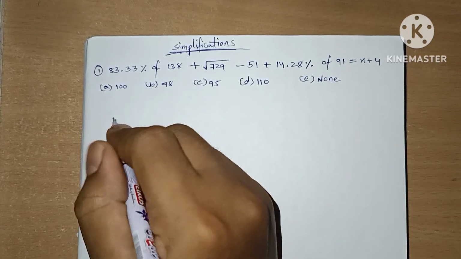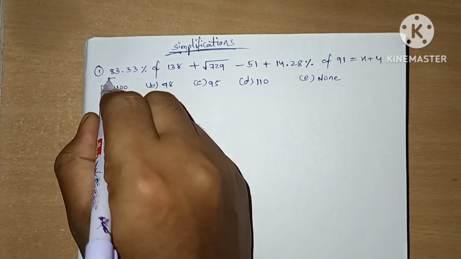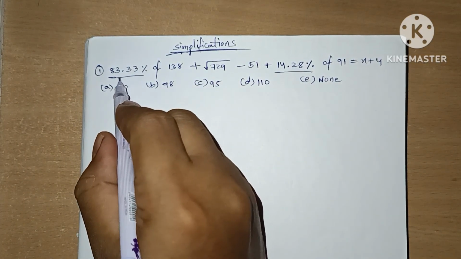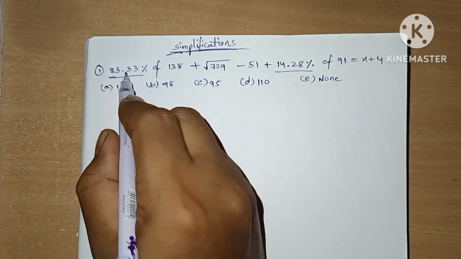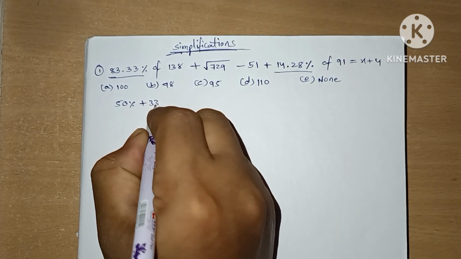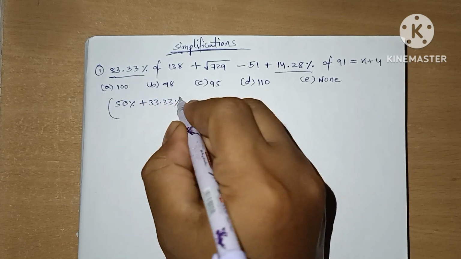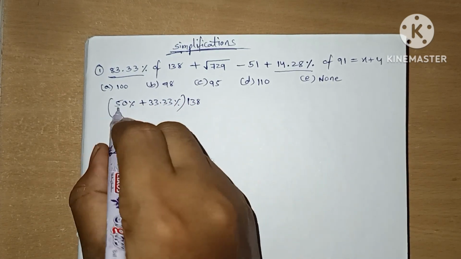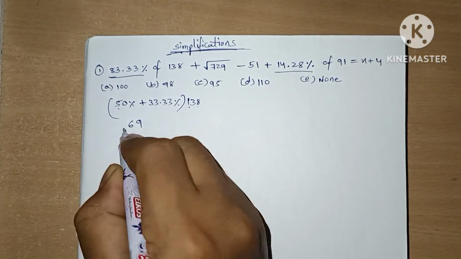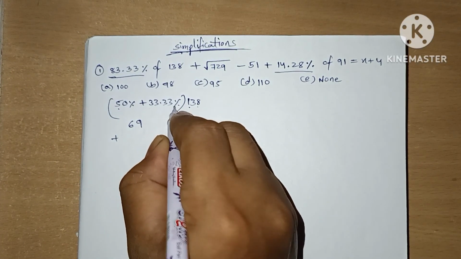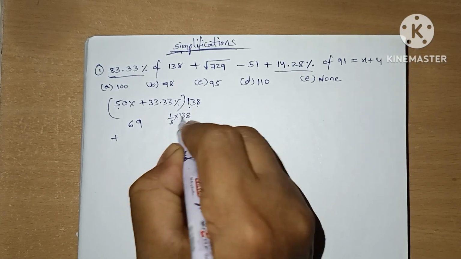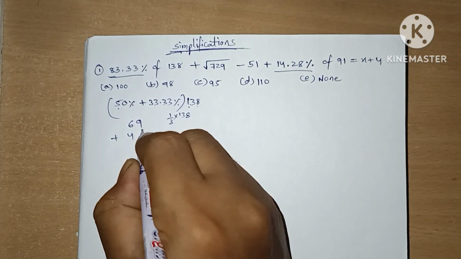First question. In this question, we need to know the fraction values of this one and this one. In this one, I don't know the exact fraction value, but I can divide this 83.33 as 50% and 33.33% of 138. 50% means half of 138, which will be 69, plus 33.33%, which is nothing but one third of 138, 46.